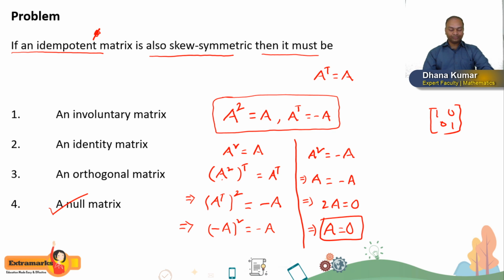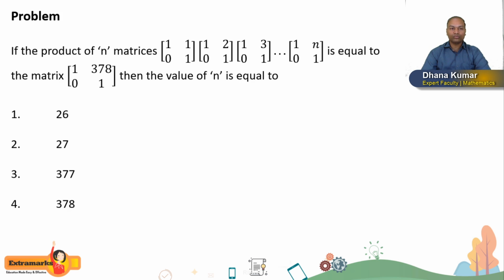Understood? Right. Now let us come to one more question, on the multiplication of matrices concept. Here you observe this one.